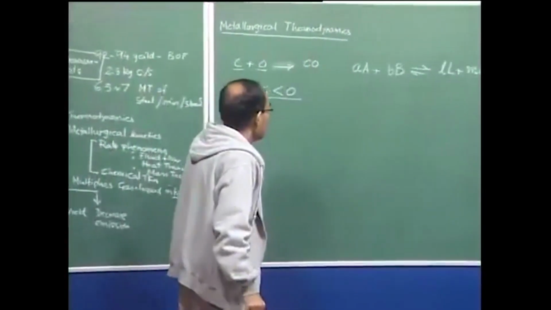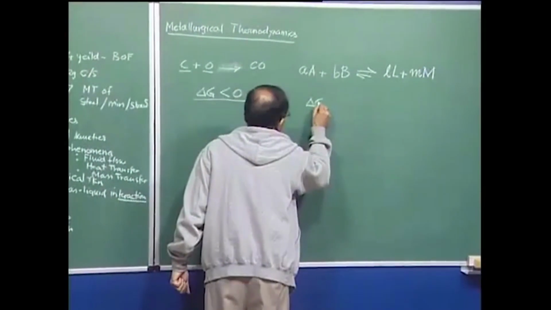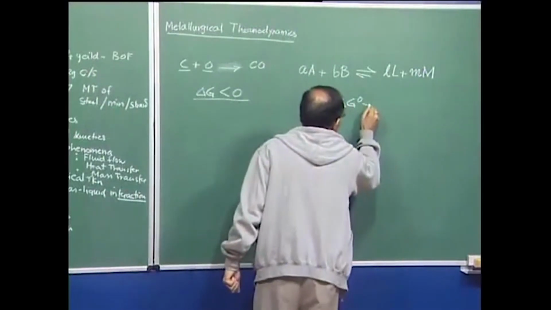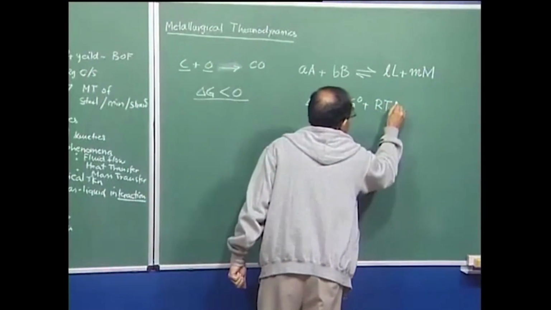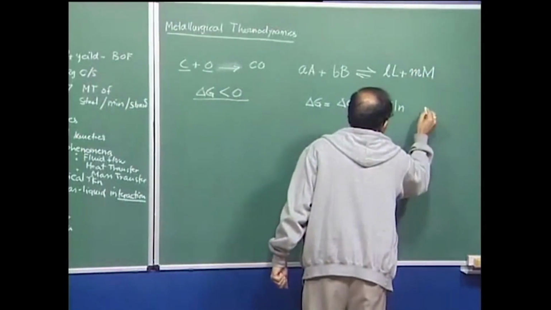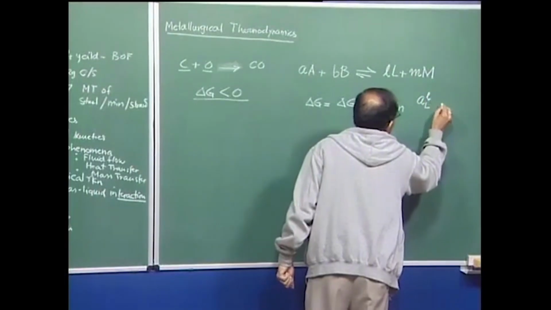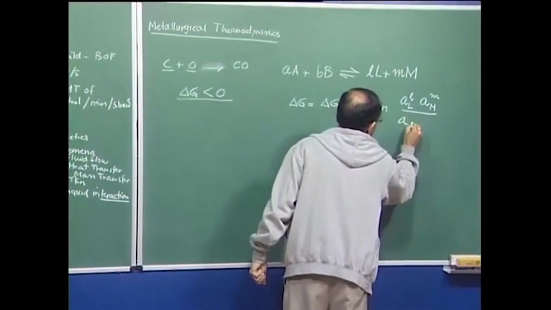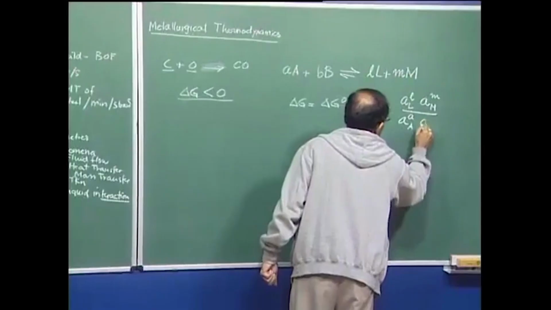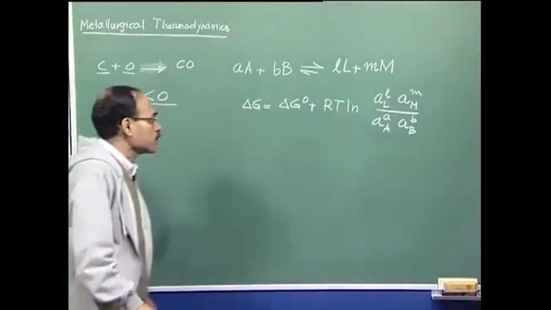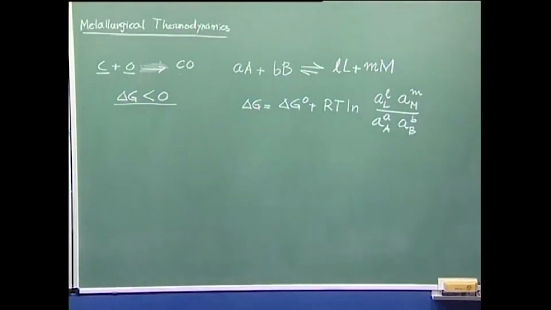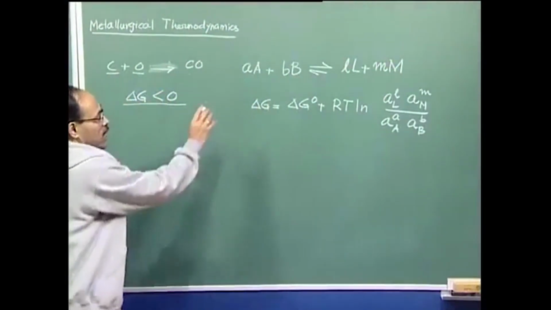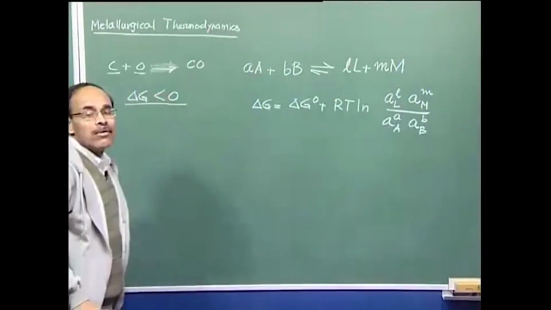In this particular case, the expression that we know from our knowledge of thermodynamics is delta G, the free energy change for the reaction, is the standard free energy change plus the gas constant times temperature times the logarithm of the ratio: activity of L raised to the power L, activity of M raised to the power M, over activity of A raised to the power A, and activity of B raised to the power B. And we know that if the process is occurring close to equilibrium, the product and the reactant will have identical free energies.